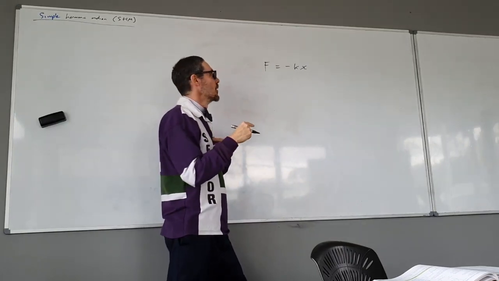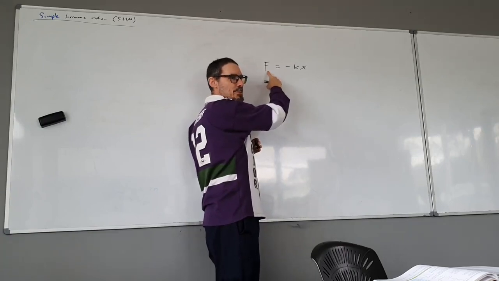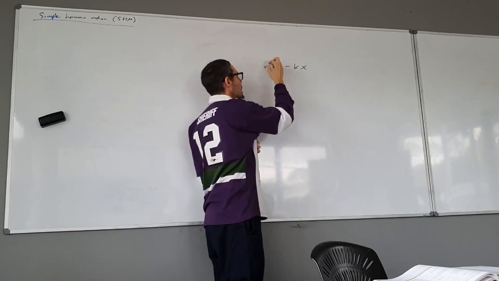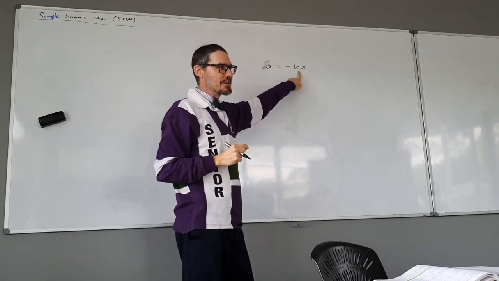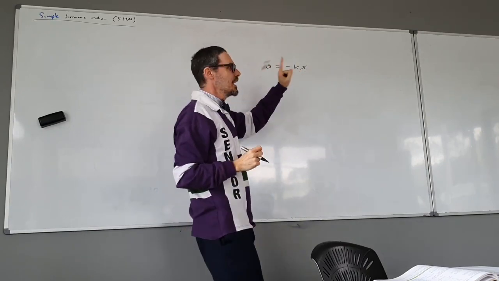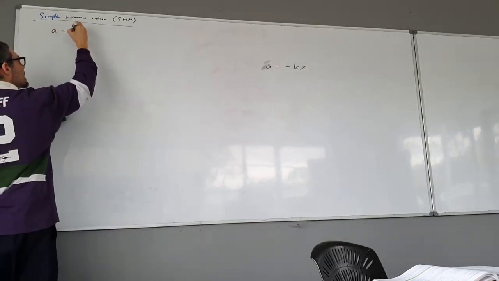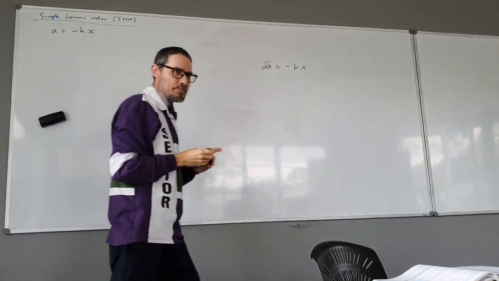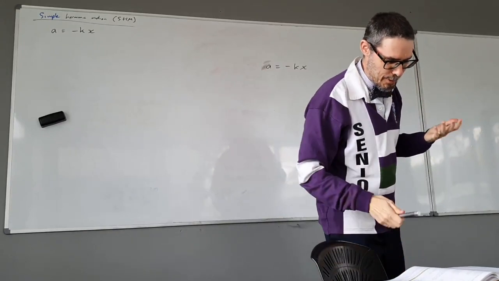Now we know that force is mass times acceleration, and I can hide the mass in this constant. So acceleration is negative some constant times displacement. That's what makes simple harmonic motion.